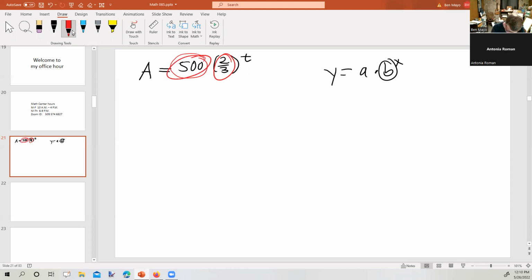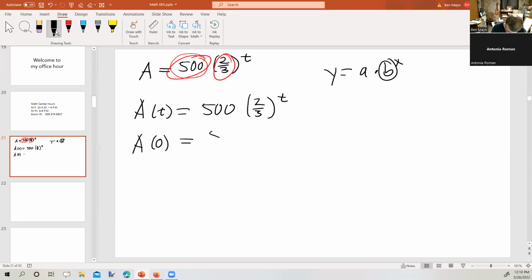Well, consider this. In fact, let's rewrite this as a function. Let's call it A of t equals 500 times (2/3) to the t power, where let's say t is time and A stands for the amount of radioactive material present in some situation. At the beginning of time, what time is it? Well, it's 0. What's (2/3) to the 0 power?